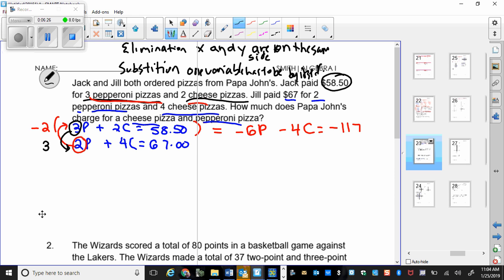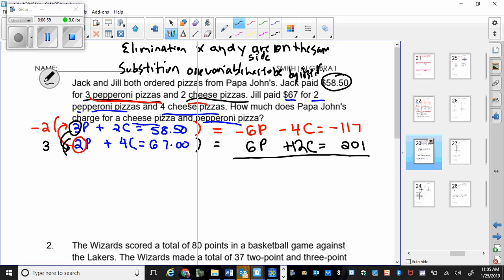Now we go to the bottom part, and we're going to multiply that 3 by each term inside. So 3 times 2 is 6P, and it's the opposite. We're in a good place here. We have -6P's and +6P's. 3 times 4 is 12, so +12C's here equals 3 times 67, which is +$201.